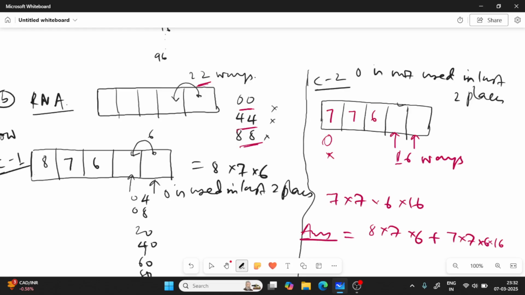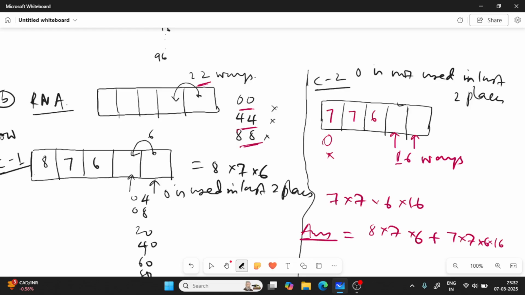Now, when we fill the last two places in 22 ways, again we will have a situation where we have to consider whether 0 is used at the last places or 0 is not used.